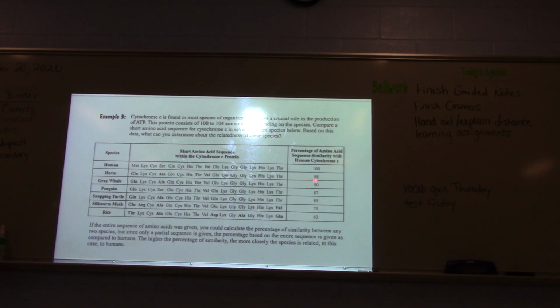A horse is 88%, whale is 90, penguin 87. So a lot of them are very close, even down to here's a reptile, here's a bug. Okay, bugs are the least related of the animals. And then rice, we're 60% related to rice. Okay, so plants are living things too. They have to make energy. They produce cytochrome C just like everybody else.